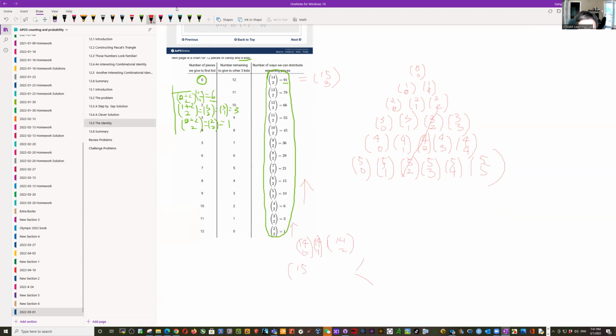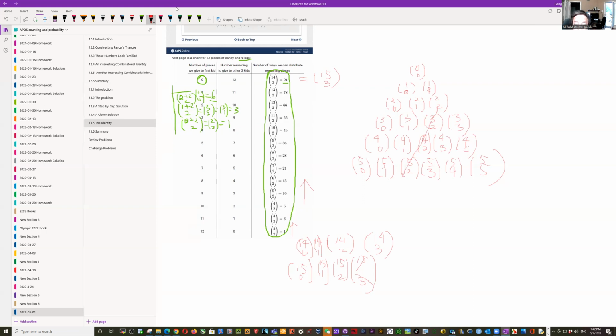Then this is 15 choose 0, 15 choose 1, 15 choose 2, and 15 choose 3. And here there's a 14 choose 3. So I'm going to just show how it works.